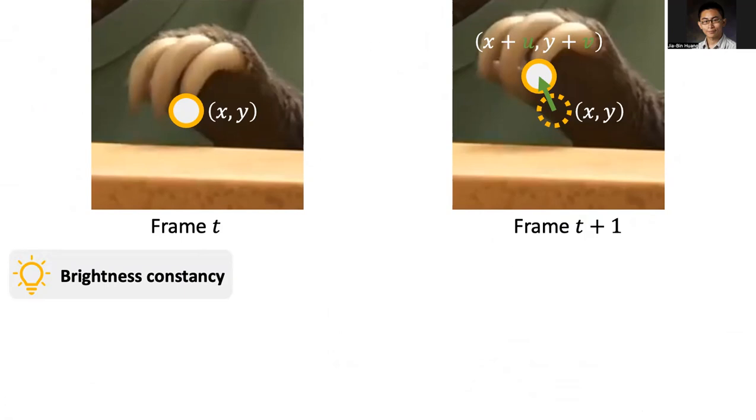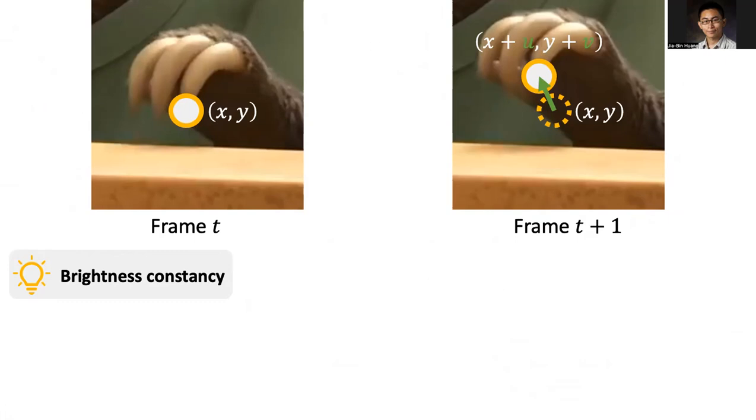This is called brightness constancy, because if everything is changing, you don't have any basis to track. Imagine if the color changed, then you have no way to track. That's the basic assumption you make.